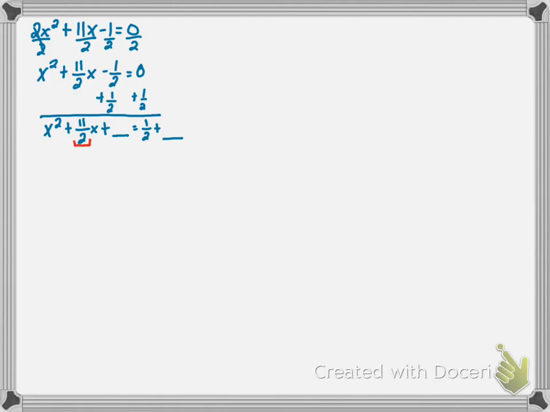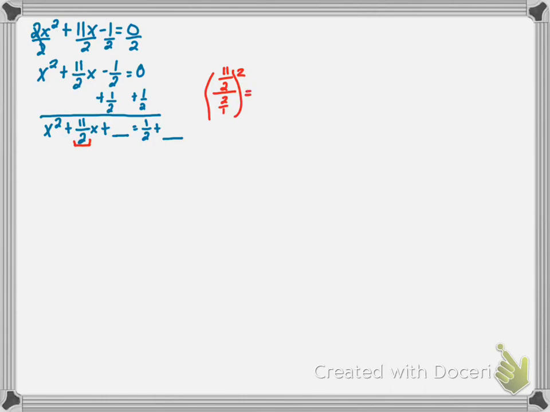Okay? So when we do that, here's what's happening. We have this 11 over 2. We're going to divide that by 2, which is the same thing as 2 over 1, and then we're going to square that. Okay, well, when we divide by 2 over 1, that's the same thing as multiplying by the reciprocal of 2 over 1, which is 1 half.